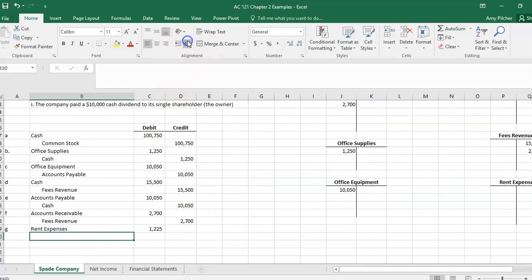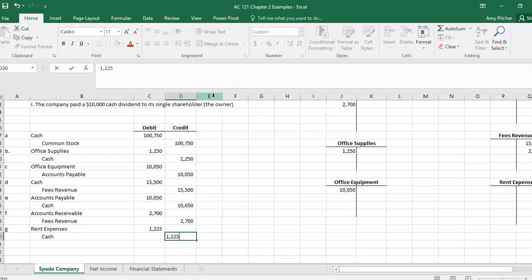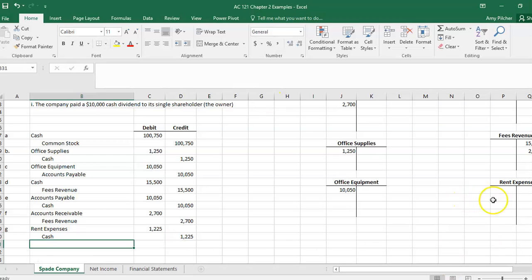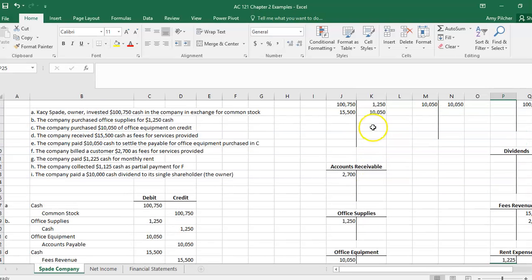So we credit cash for $1,225. Debit rent expense, credit cash.